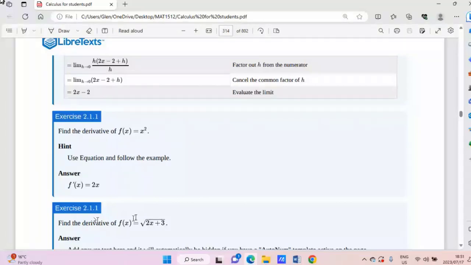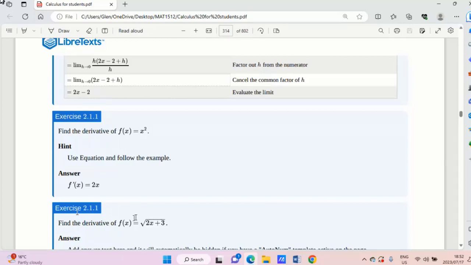Okay, so the first thing I did, I used the formula and I got square root of 2x plus 2h plus 3 minus, in brackets, square root of 2x plus 3, all over h. And then I multiplied the formula by square root of 2x plus 2h plus 3 plus, positive in the middle of the two square roots, square root of 2x plus 3, the denominator and the numerator.